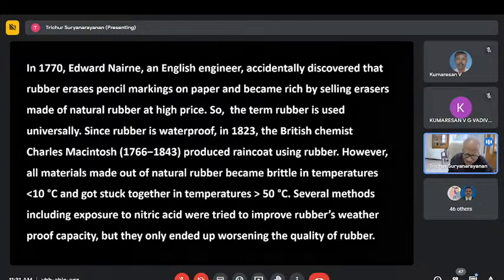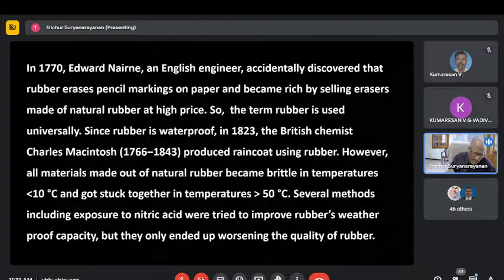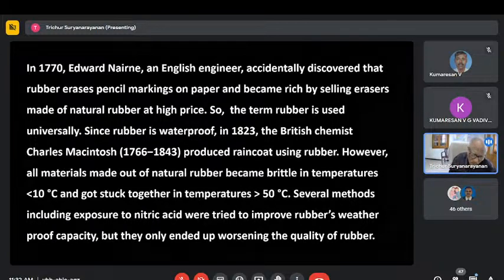So the scientists in Western countries tried several methods to improve the quality of rubber. They used nitric acid to improve the rubber's weatherproof capacity, and other things. But what happened was every treatment worsened the quality of rubber. It made it worse.